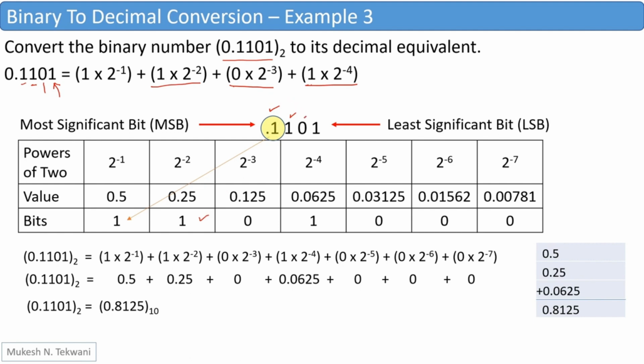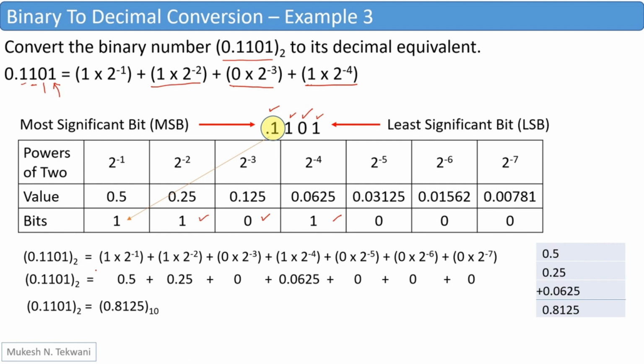The next bit, the bit in the third position after the decimal point, we put under the power of 2 raised to minus 3. The fourth bit after the decimal point, we put under the power of 2 raised to minus 4. And since there are no more bits, we put the remaining bit values as 0.